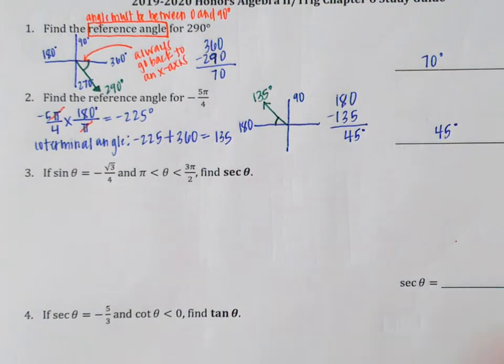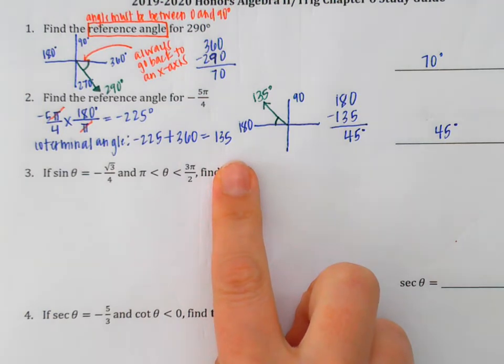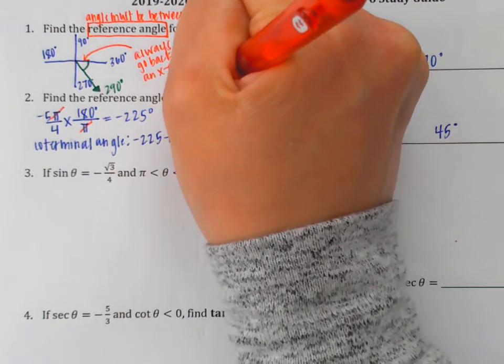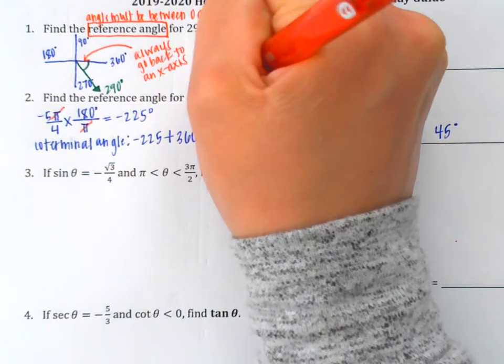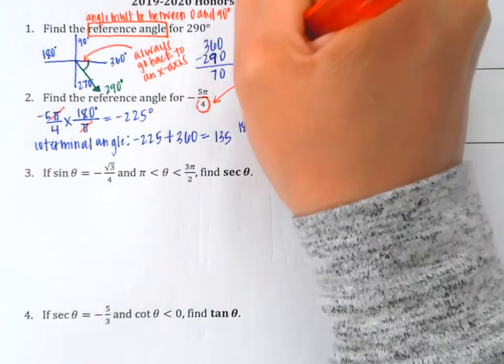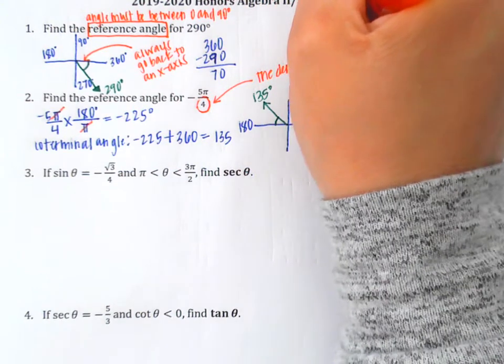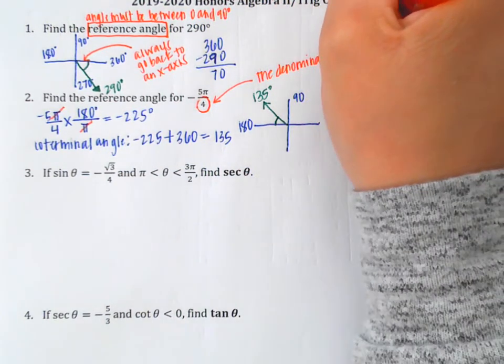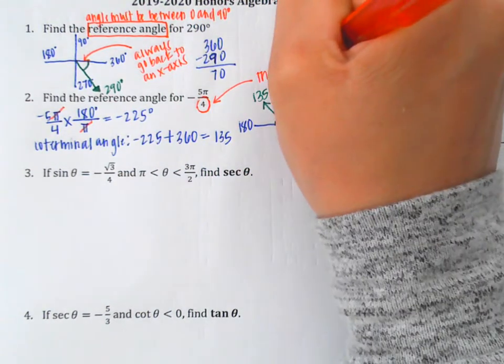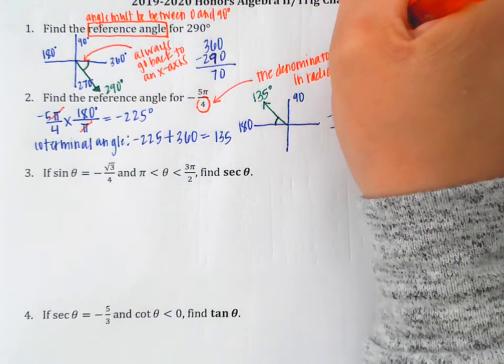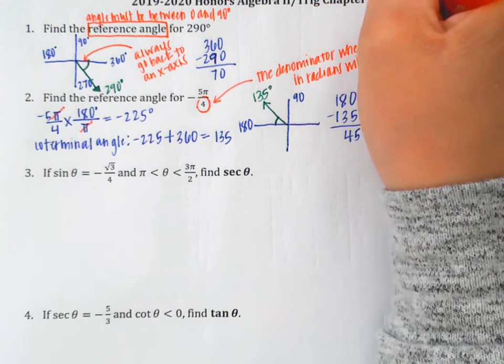Now, again, like I said, all of this work is basically optional. You don't have to do that if you memorize that the denominator, when in radians, will also tell me the reference angle.